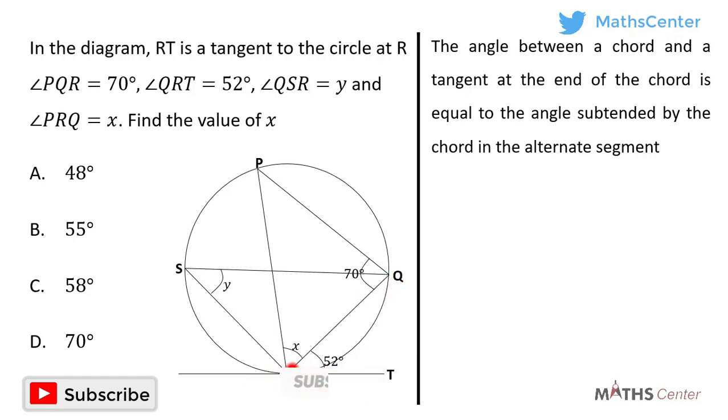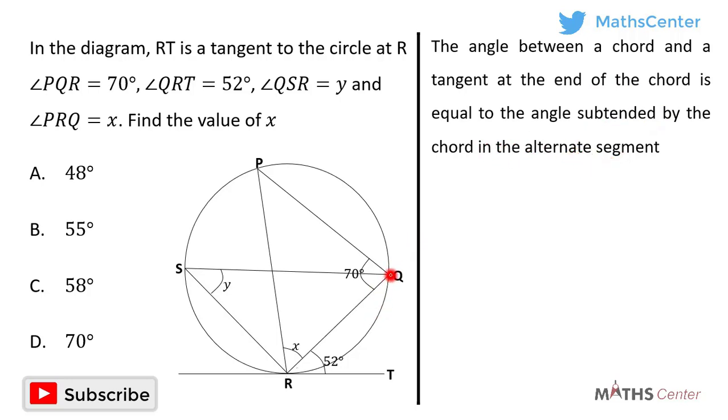There's an angle formed between the tangent RT and the chord RQ, and that is the angle QRT, which is 52 degrees.